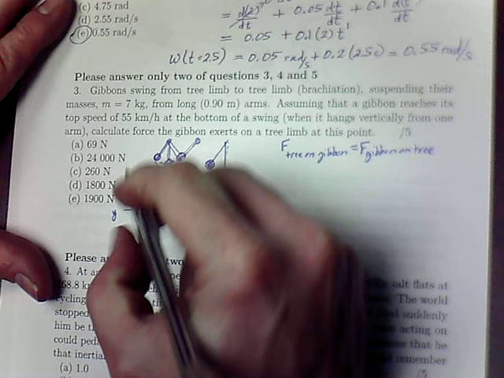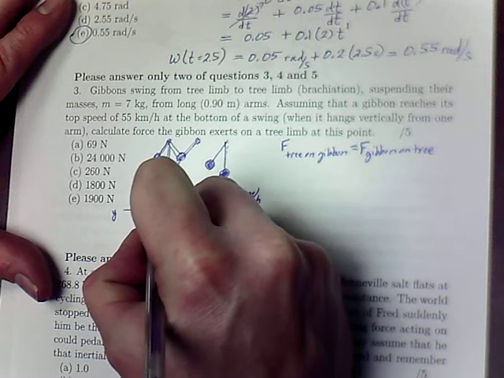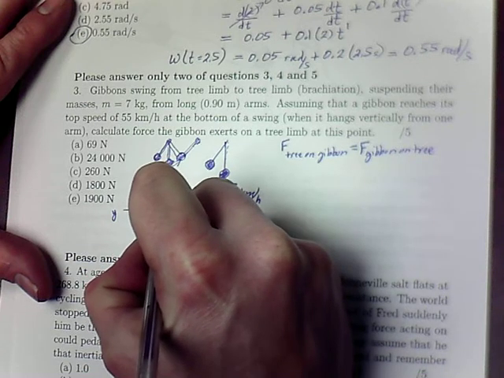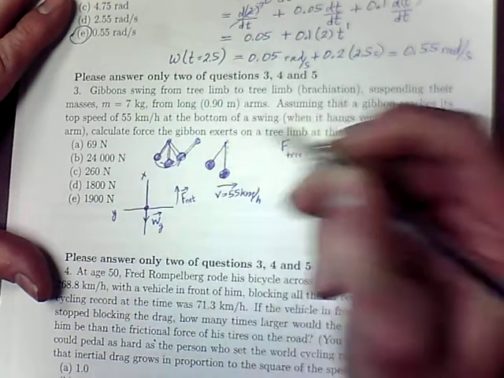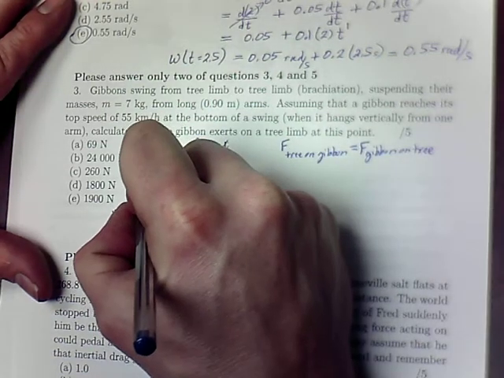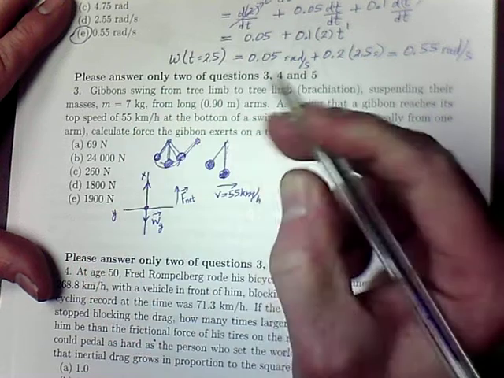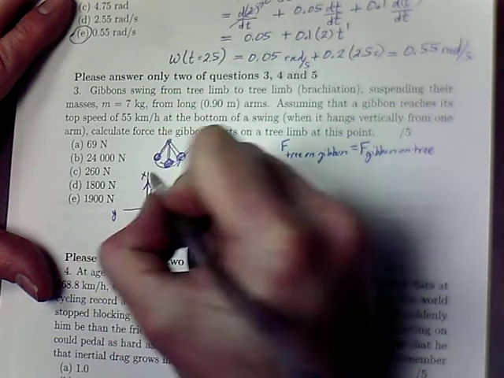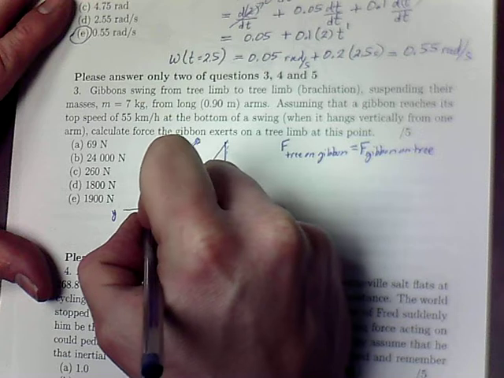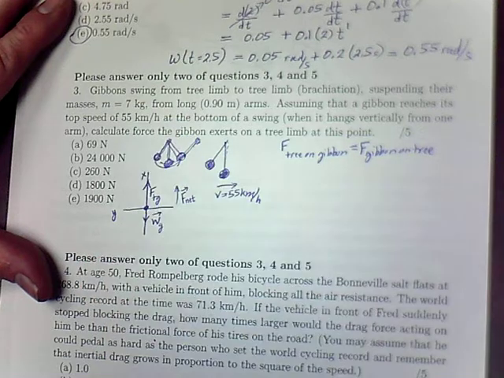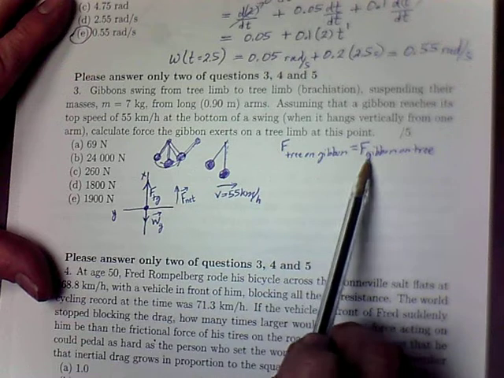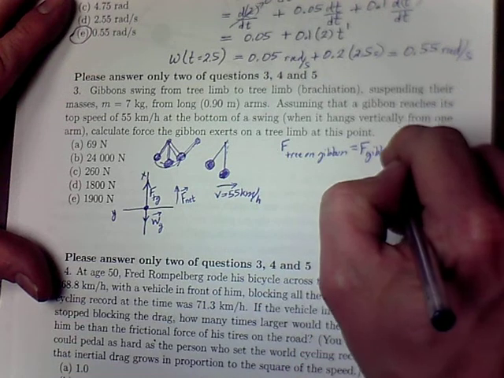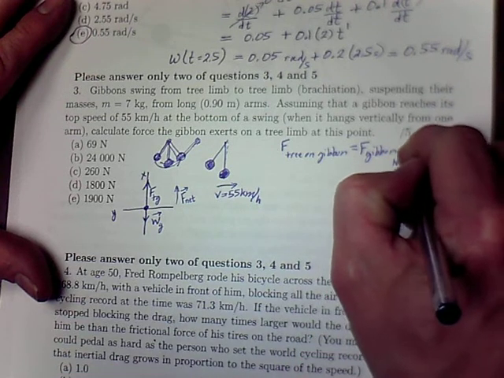Our gibbon has a weight of the gibbon, and our gibbon also has something like a tension force, which we're calling force of the tree on the gibbon. So if we can solve for this force of the tree on the gibbon, that should be equal to the force of the gibbon on the tree by Newton's third law.